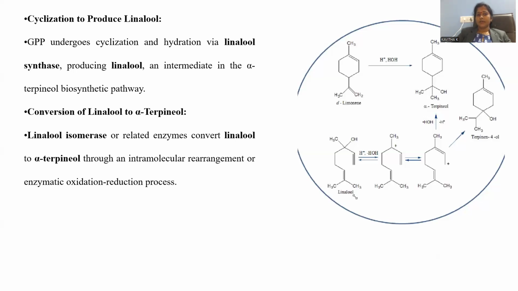This is the intermediate compound required for the synthesis of alpha terpineol. Under protic conditions, we can say acidified conditions are required. So the reaction mixture must be acidified in order to generate the carbocation that will delocalize through the entire molecule, giving rise to a cyclized compound. Further hydration gives alpha terpineol as the final product.